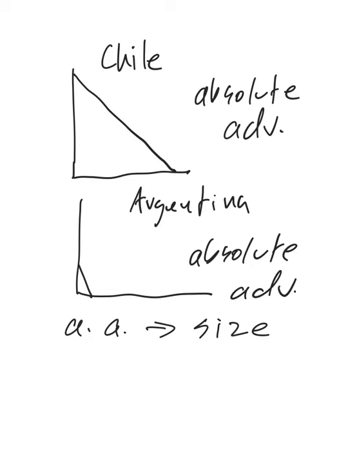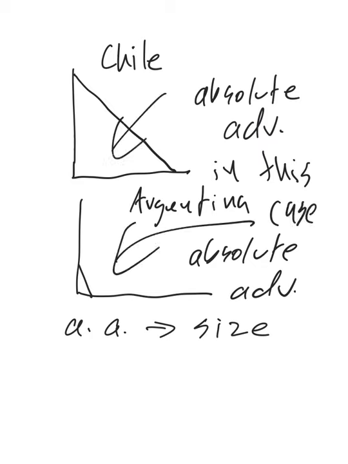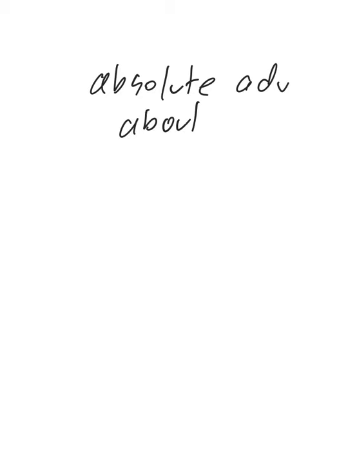Argentina doesn't have absolute advantage in anything in this picture. In this case that I'm drawing here, which is obviously not the case for your problem. But I want to emphasize the difference between absolute advantage and comparative advantage. Another way to say this is that absolute advantage is about maximum production possible.